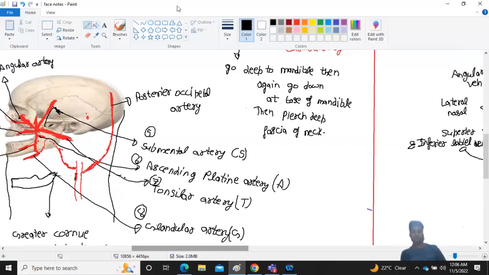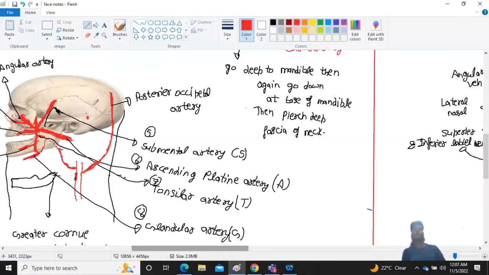Then there is another artery of the external carotid.